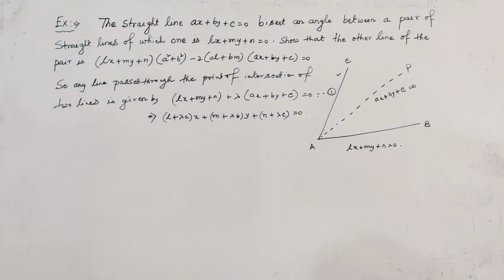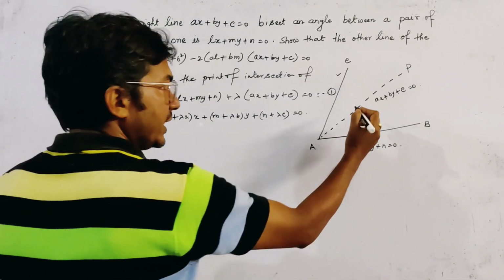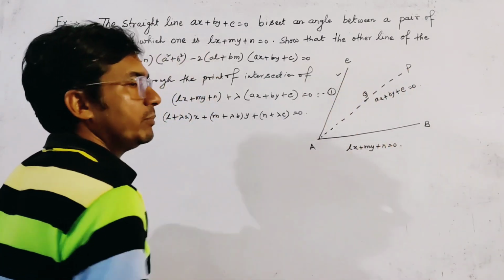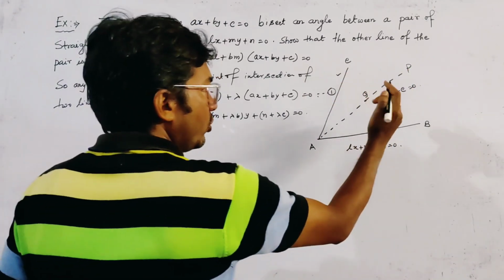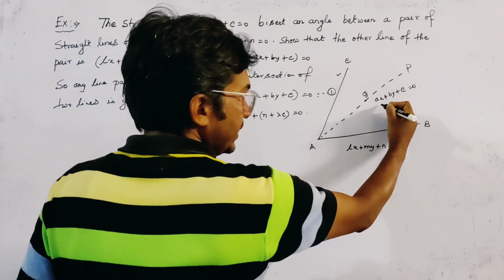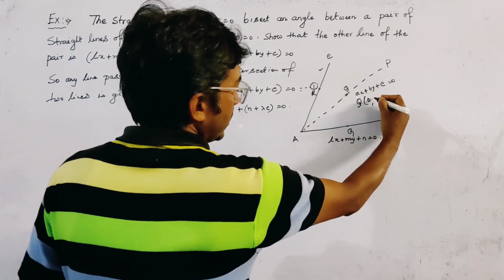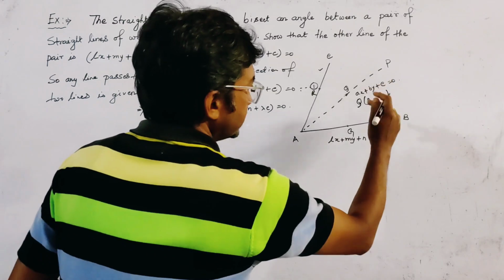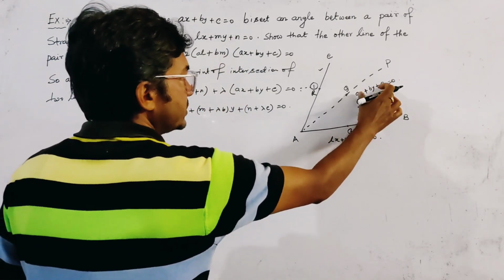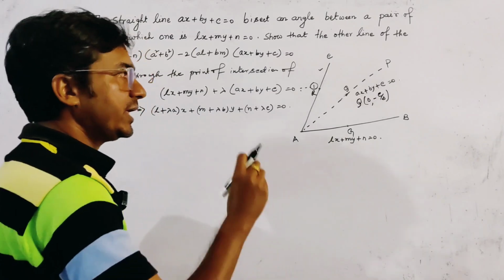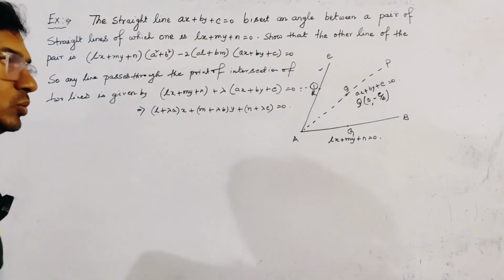Now we consider any point, let it be Q, on the bisector. Clearly, the coordinate of Q is 0, minus c by b. This is any point on this line, because this point satisfies the given line ax plus by plus c equals 0.